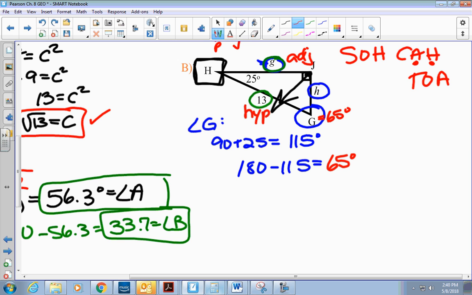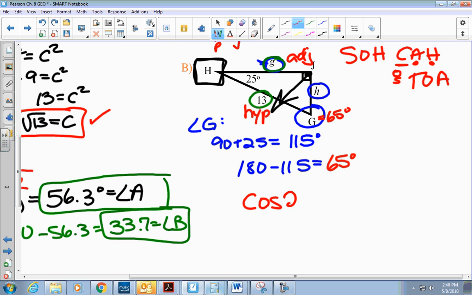So it's cosine. See how that comes together? So if you have adjacent and hypotenuse, A and H is what you're looking for. The first letter tells you what trig function it is, sine, cosine, or tangent. Okay? So we're going to use cosine.